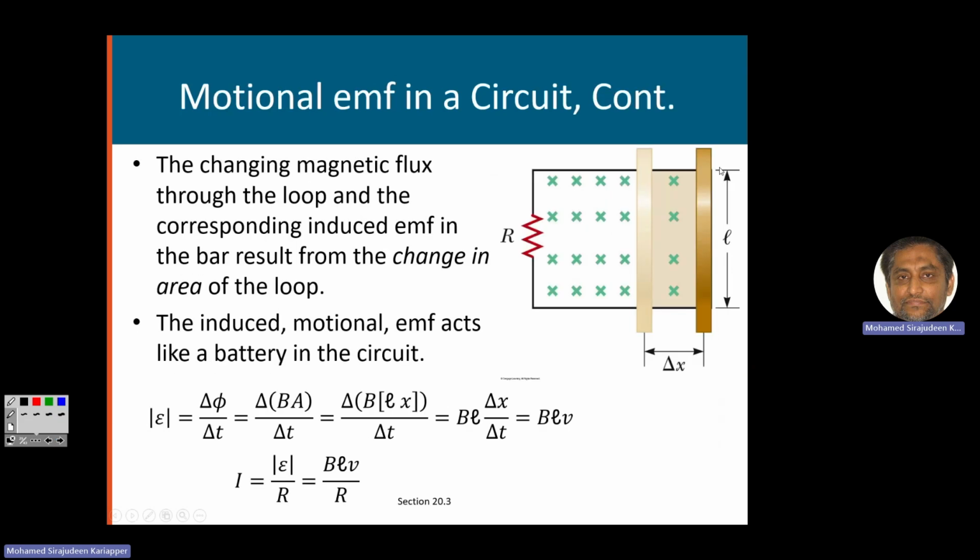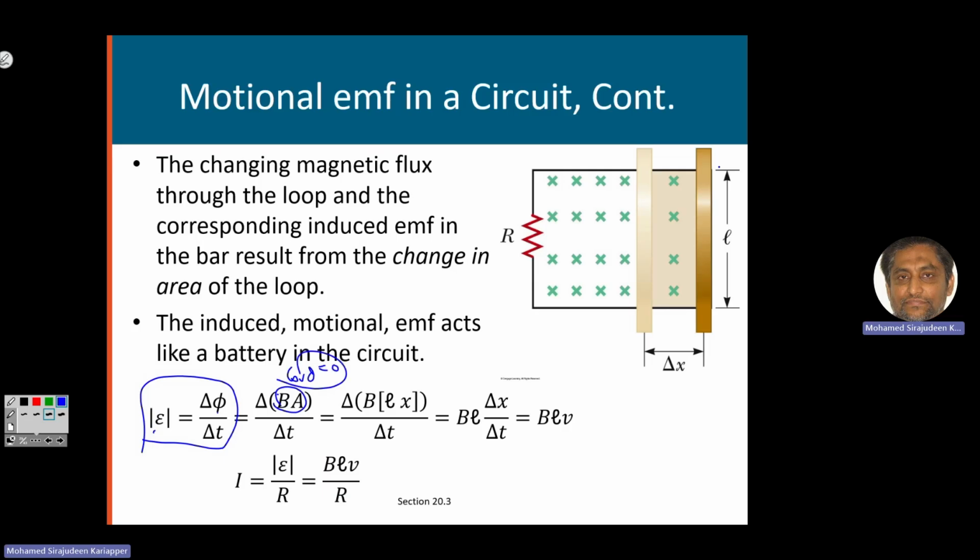So we can get the equation again from Faraday's law. The EMF that we get is because of the change in the flux. So flux is BA cosine theta, and here cosine theta is not coming because theta is equal to 0, and cosine 0 is equal to 1.